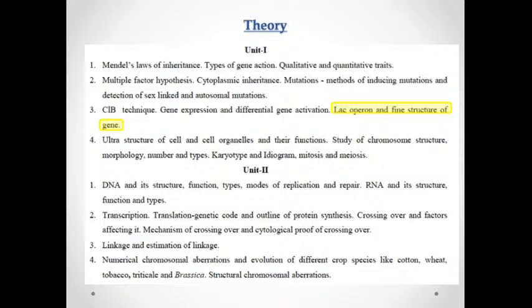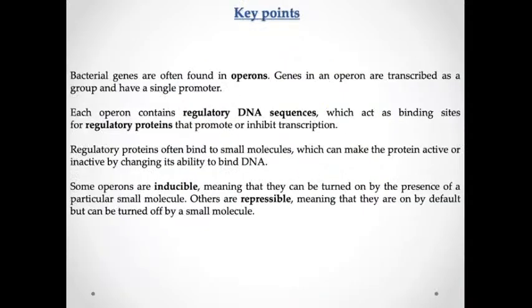Now comes the topic of the Lac Operon and fine structure of gene. Here we will discuss how the Lac Operon is important for glucose and lactose regulation in the case of gene activation, and we will also deal with the Trp operon, what their functions are, what their various parts are, how they are important, and how it works out. We will deal with all these parts today.